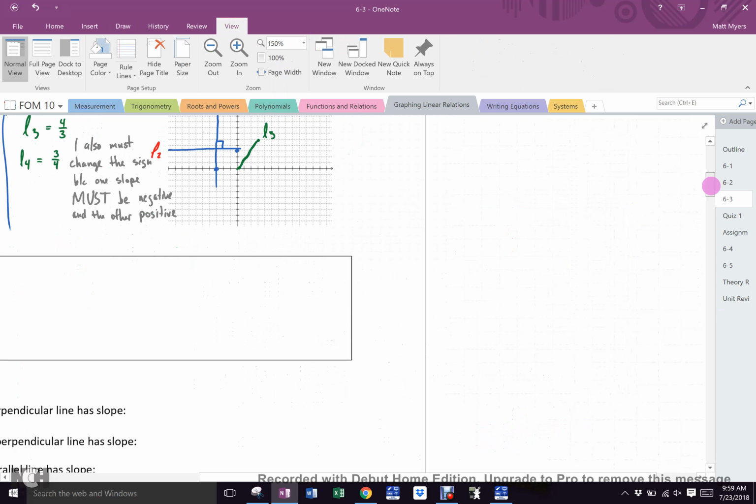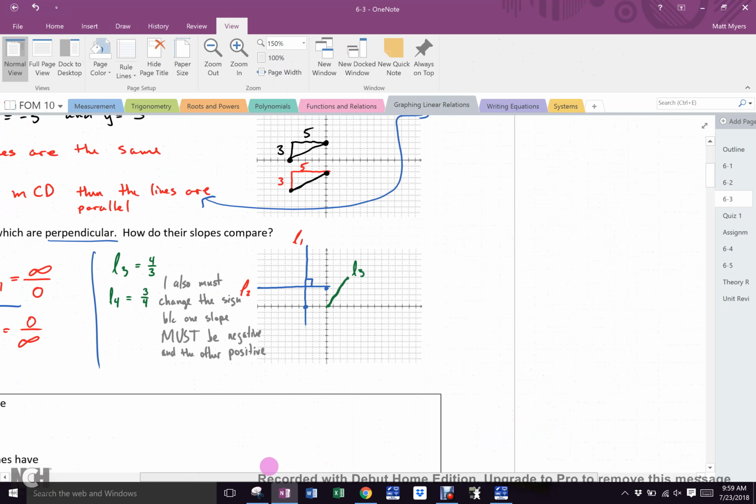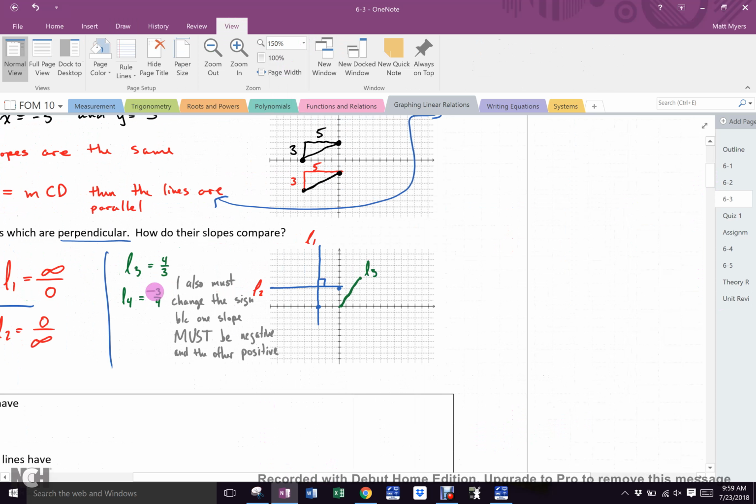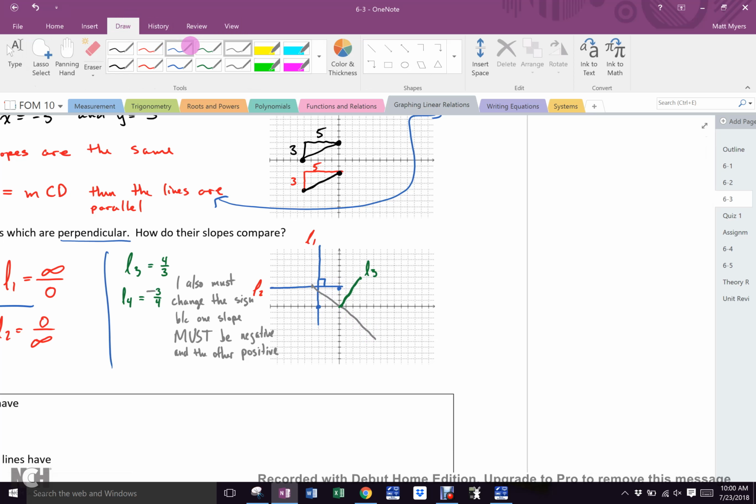Does everybody understand? So this has to be negative 3/4. So now I can go out here and I can go negative 3/4. So I can go up 1, 2, 3 and right 1, 2, 3, 4. And that's going to make that line right there. And those two lines are going to be perpendicular. Is everybody good?